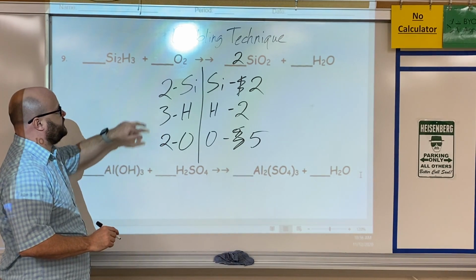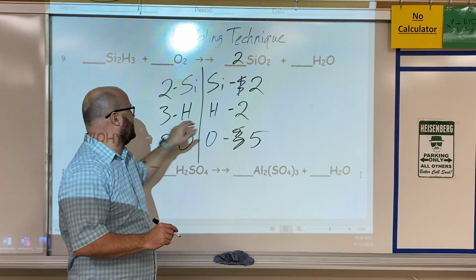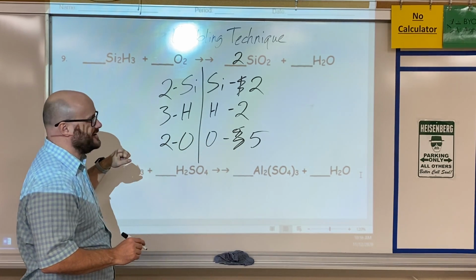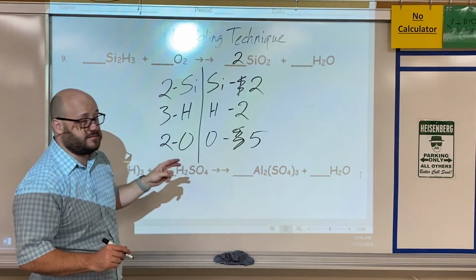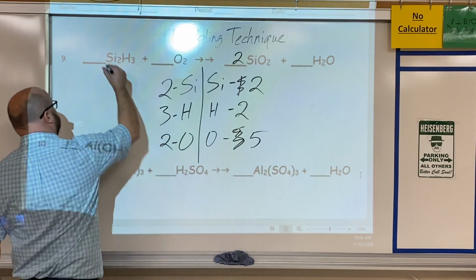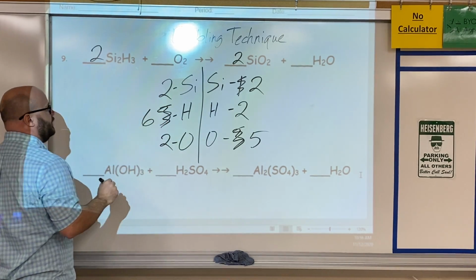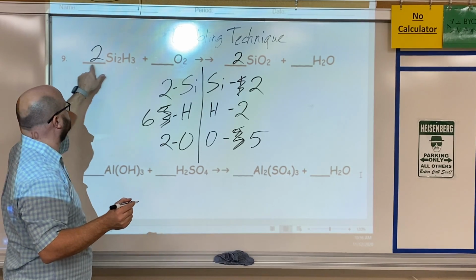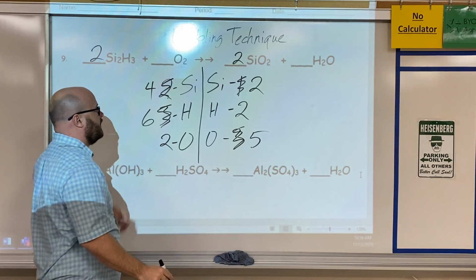Okay, let's fix hydrogen. Can we ever make 2 and 3 balance with one move? No. We can make them balance at 6. So let's make each side 6. H3, to get to 6, we need a 2. But now we got to change silicon. 2 times 2 is 4.